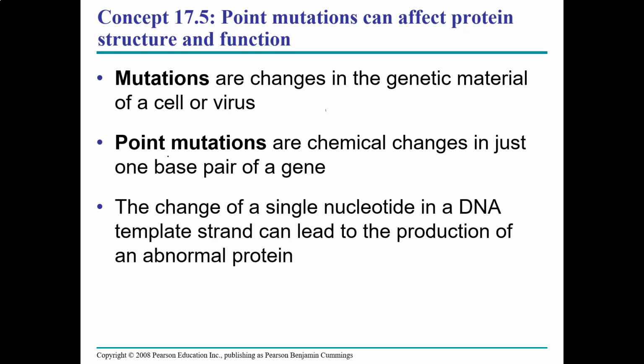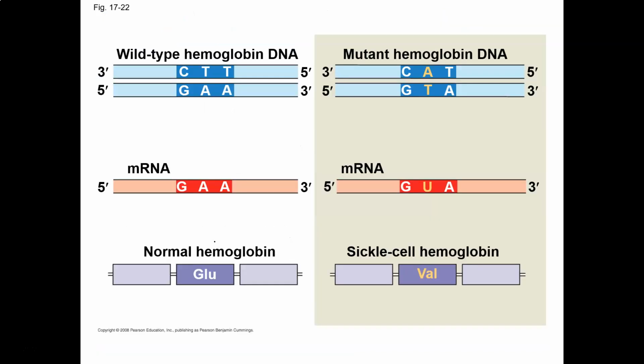Point mutations are when you just change one single base pair of a gene, and sometimes just one single point mutation can lead to abnormal proteins that have actual health consequences. So let's look at an example of that.